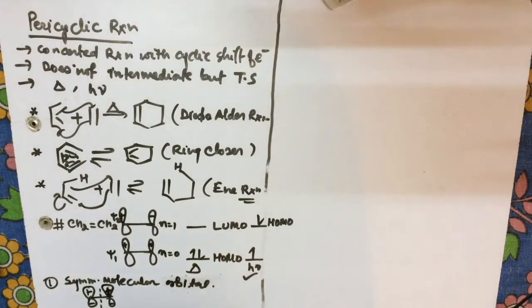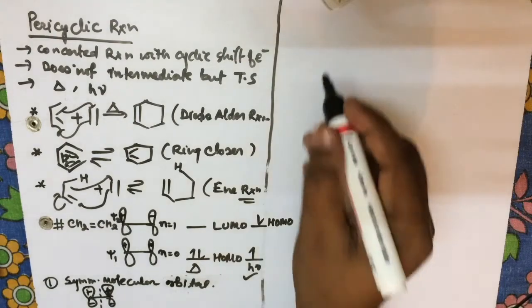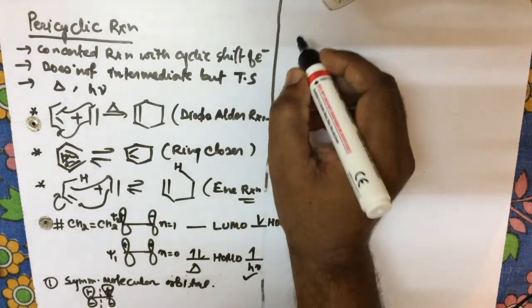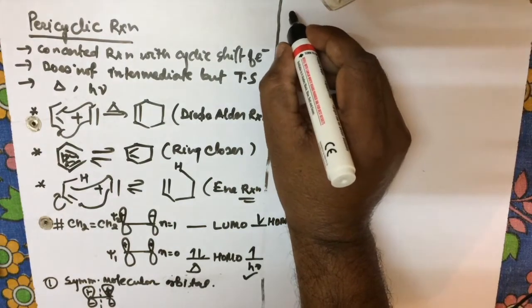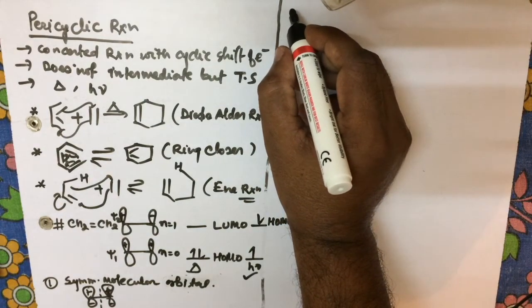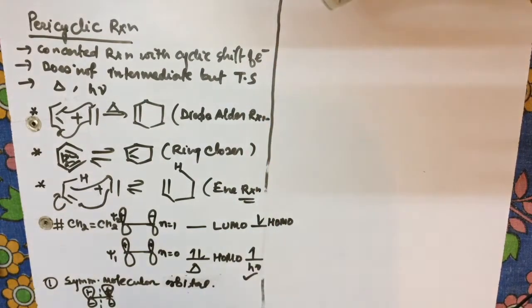Okay, so this is for M. Now for C2, if you see for C2 case, here I will show you for C2 symmetry, so just a difference like this.